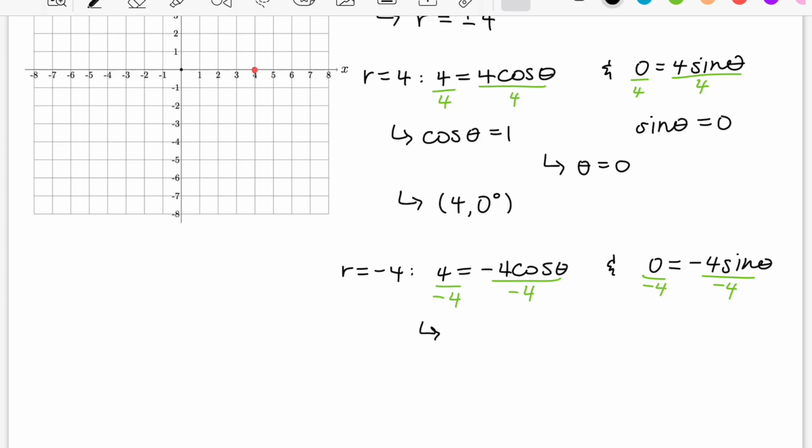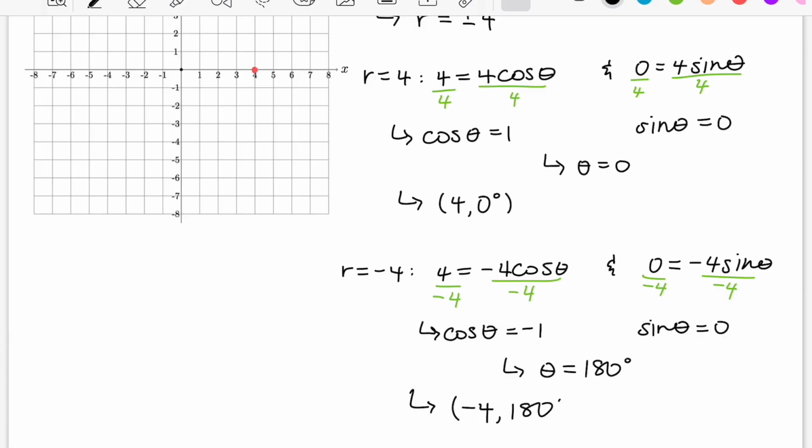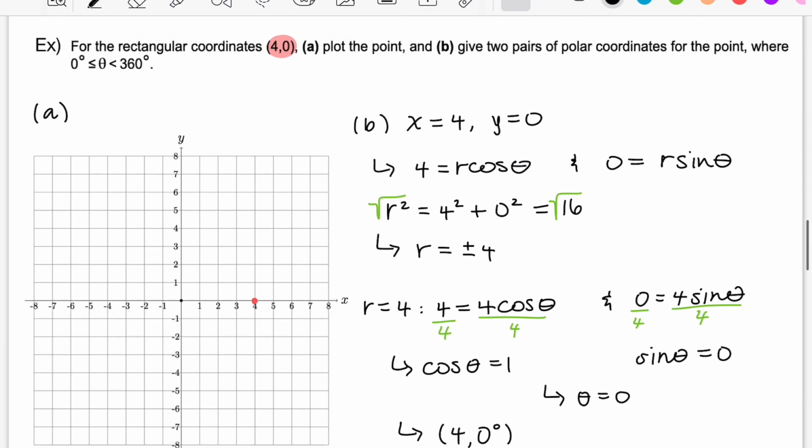Doing so, we end up with cosine theta being equal to -1 and sine theta being equal to 0. Now in this case, this will happen when theta is equal to 180 degrees. So this tells us another pair of polar coordinates for this point, which would be (-4, 180 degrees), since r is going to be -4.